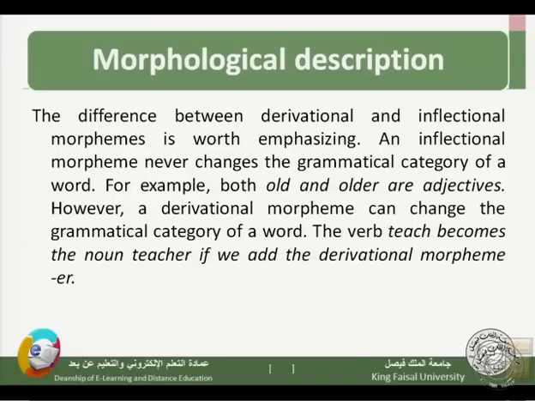So the er in teacher is a derivational morpheme because the grammatical category of the word changed from verb to noun. So if we use any other prefix or suffix and that prefix or suffix changes the category, in that case you call that prefix or suffix a derivational morpheme.